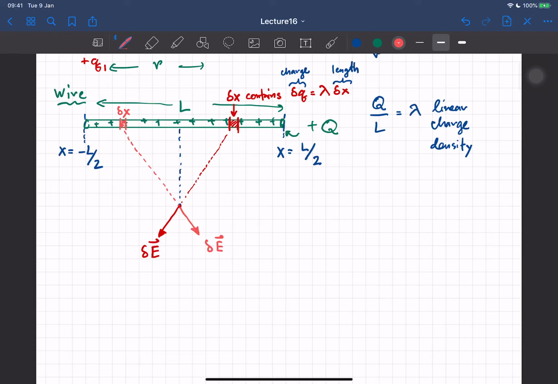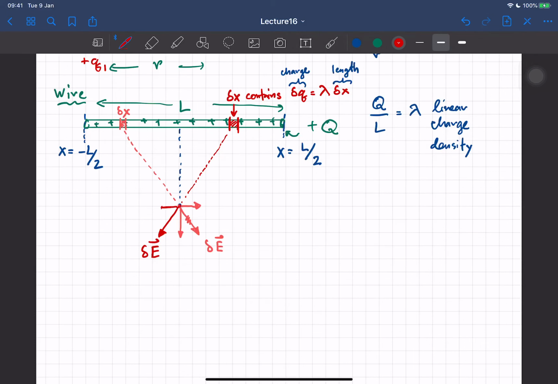Because of the mirror image, the magnitude of the electric field will be the same. The direction will be different because one is pointing to the left and the other to the right. But if we decompose this electric field into horizontal and vertical directions, we can cancel that out.